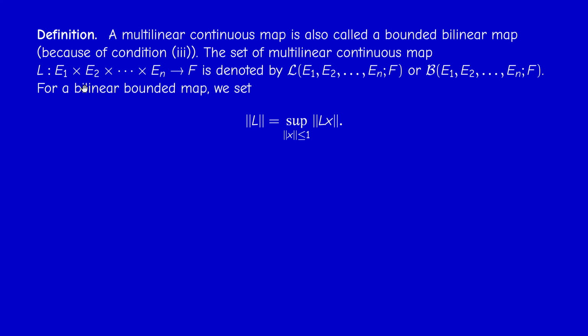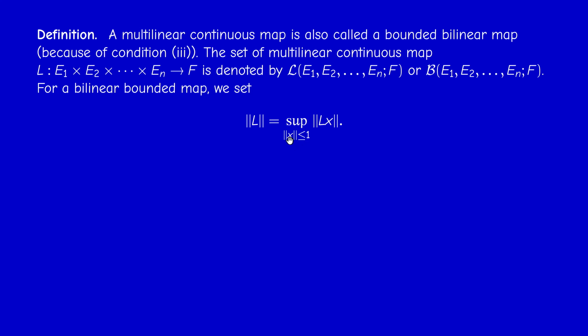So we take the same definition of the norm. This is a vector space because the sum of two multilinear maps is a multilinear map, and on this vector space we can put this norm, same thing.